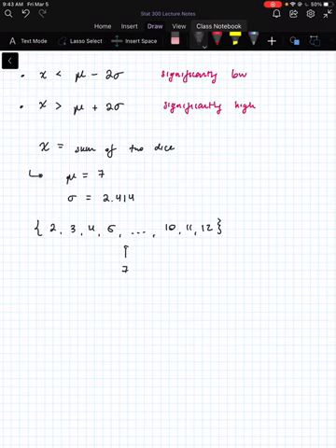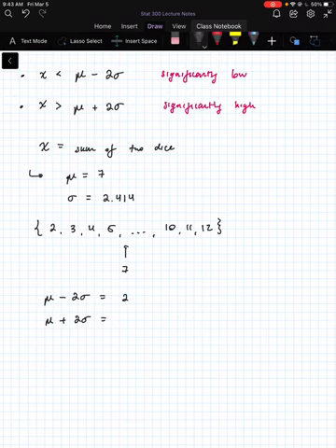So to find these bounds, let's calculate mu minus 2 sigma and mu plus 2 sigma. So these are like the fences or the boundary for the range of usual values. So there are some that are going to be within two standard deviations of the mean, and some that are going to be outside of that boundary.